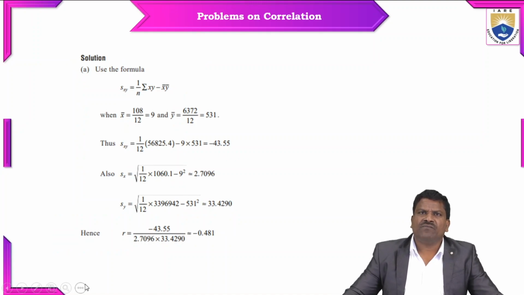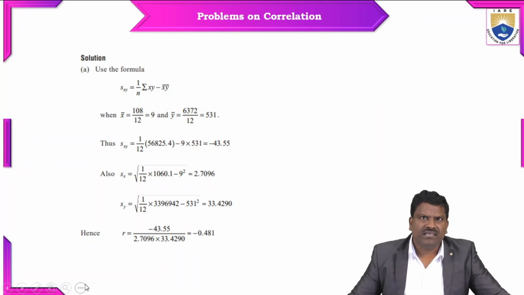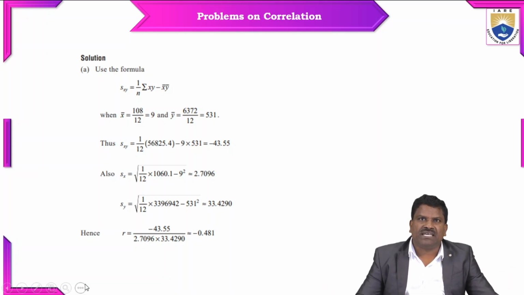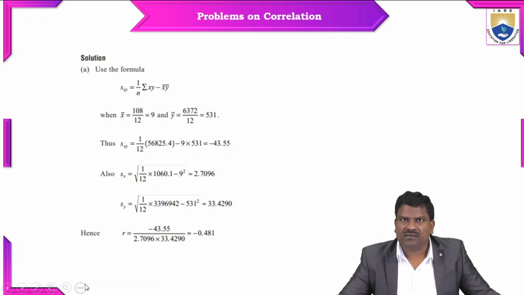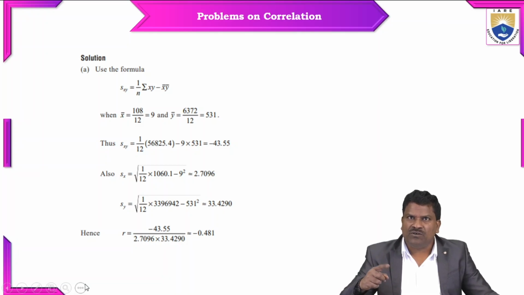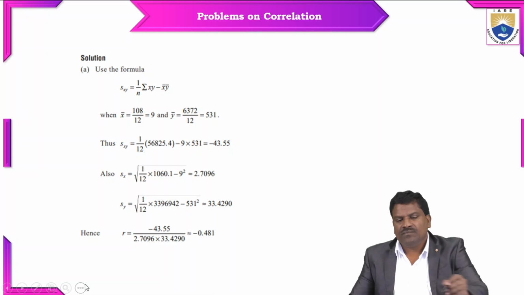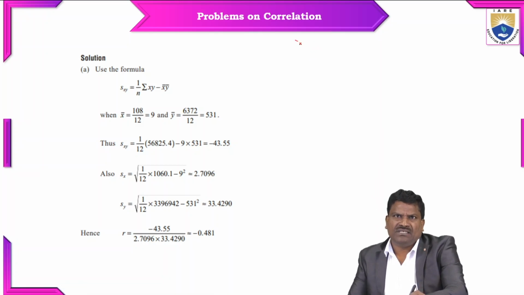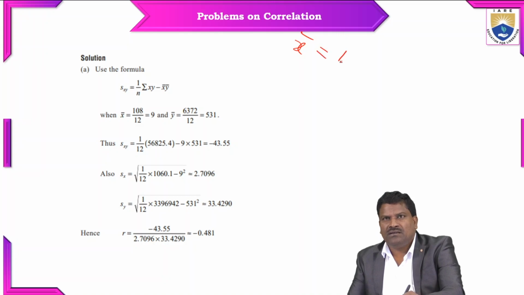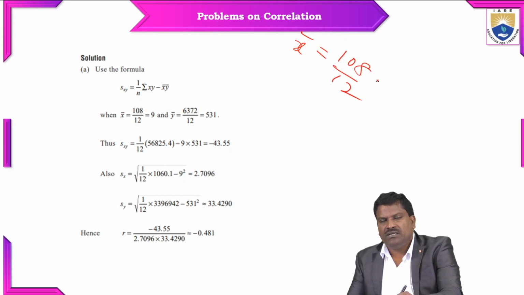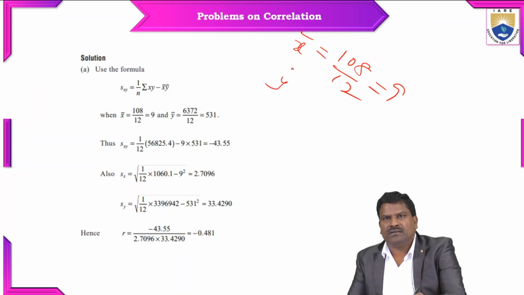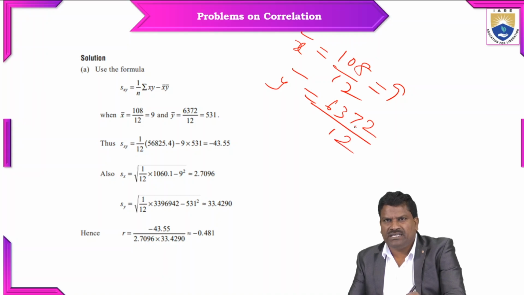Now, using the formula, S of xy is equal to what? 1 by n into sigma xy minus x bar y bar. Here x bar is equal to 108 by 12, it is 9. Y bar is equal to 6372 by 12, it is 531.